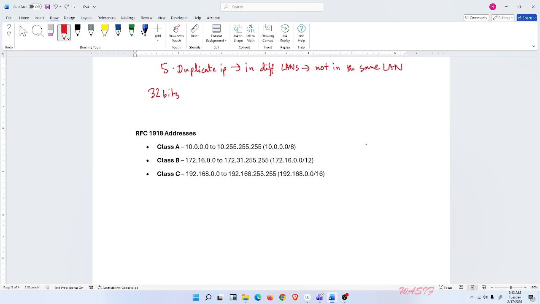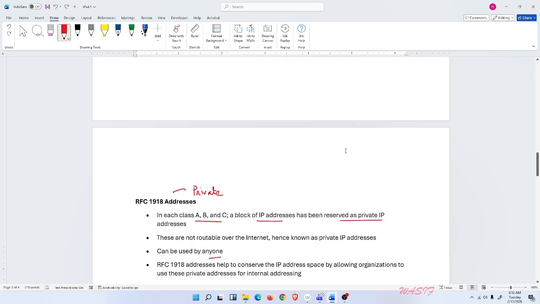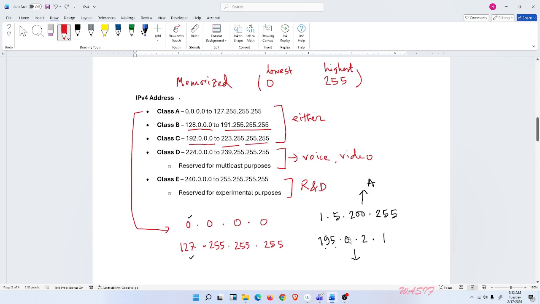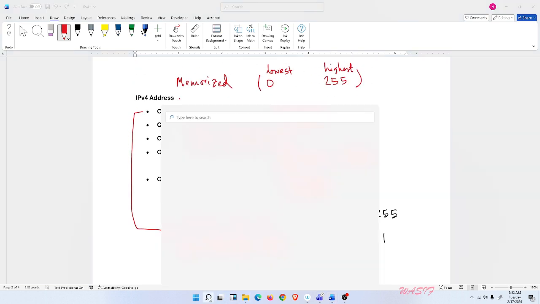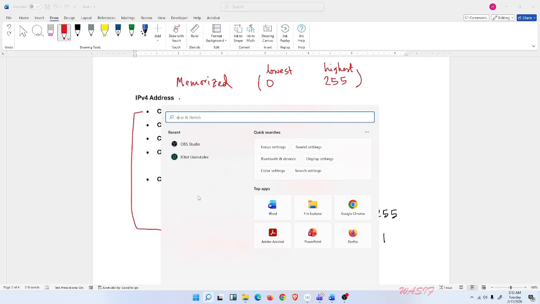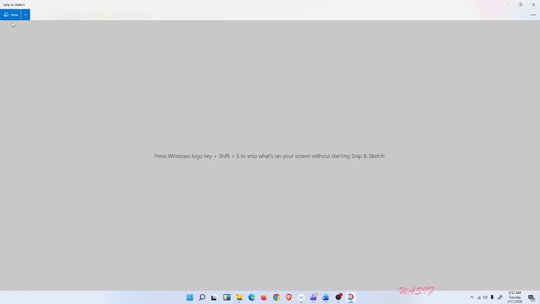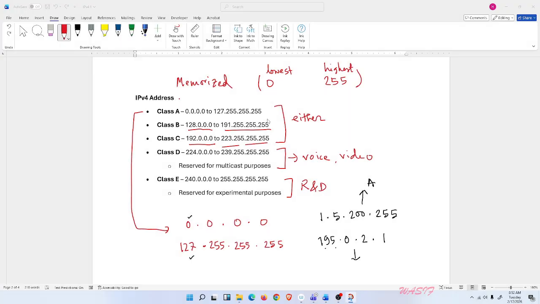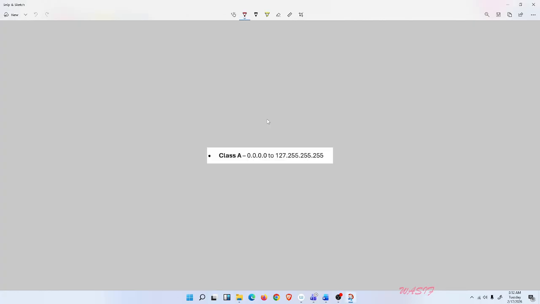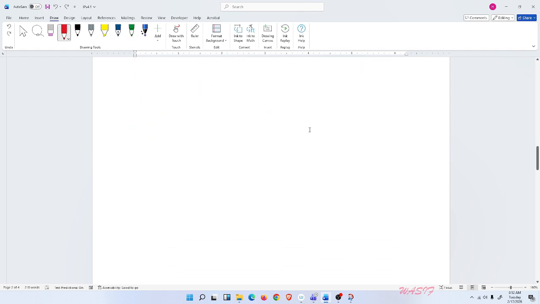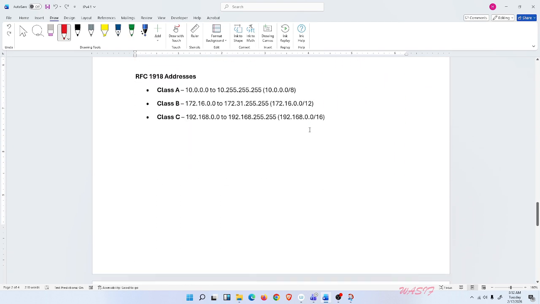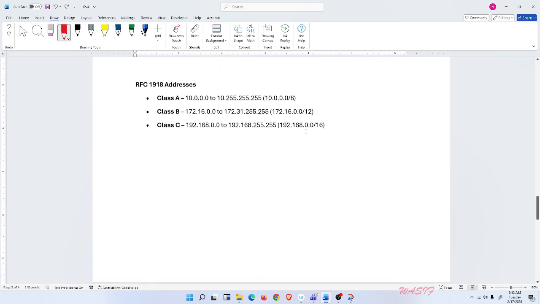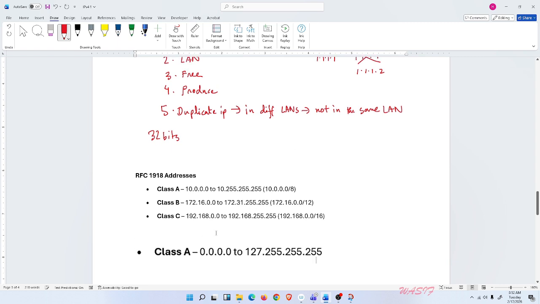Now look at here very carefully. This is the range for the private IP addresses. The first thing, you come here, get this one, copy this one here, bring it here, put it here.